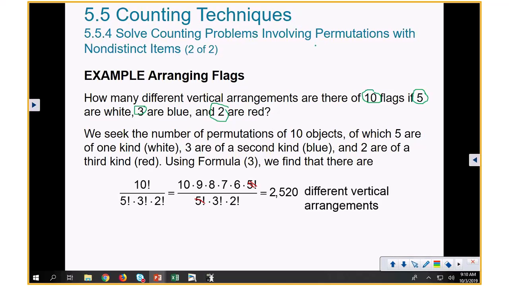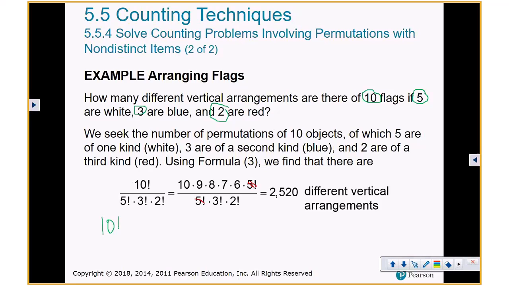What I said in the previous slides, if you have 10 factorial over 3 factorial, is this the same as that? No. Two different animals. This is a cat and this is a tiger. They both have 4 paws and a tail, but they're different animals. This goes 10 times 9 times 8 times 7 times 6 times 5 times 4 times 3 times 2 times 1.